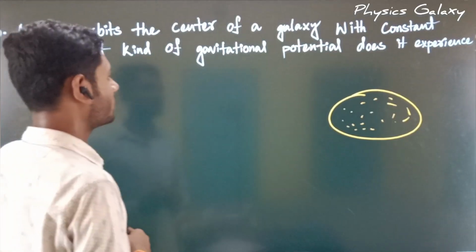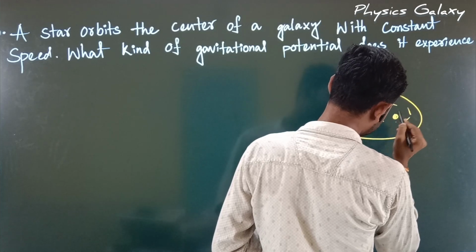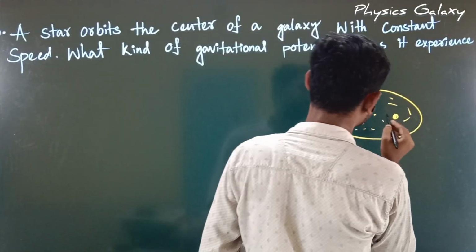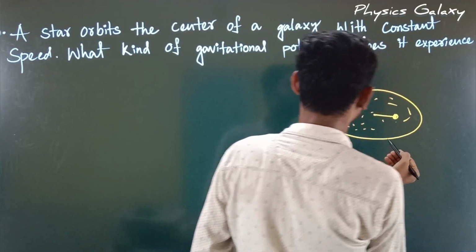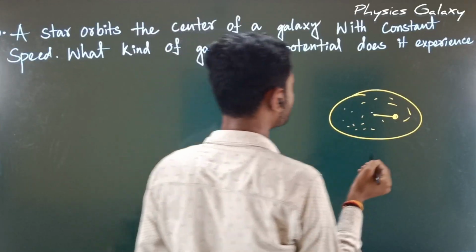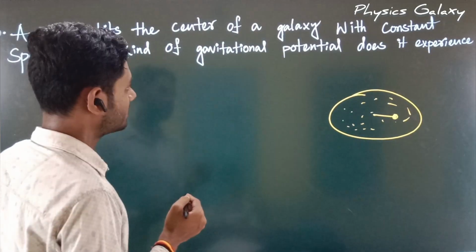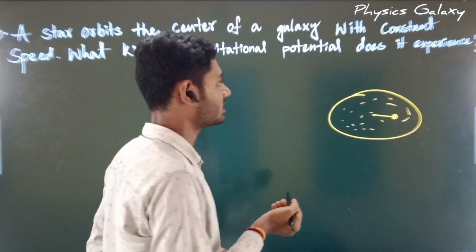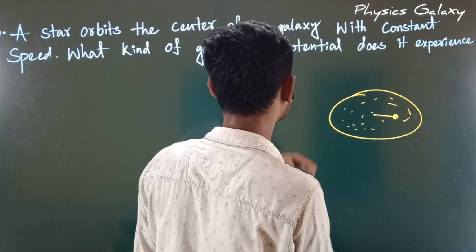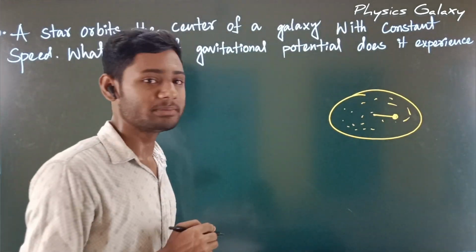For this we know that, let's say this is the star and this is the center of the galaxy, and the star orbits the center of the galaxy with a constant speed. For the revolution of this star, it should have a centripetal force.